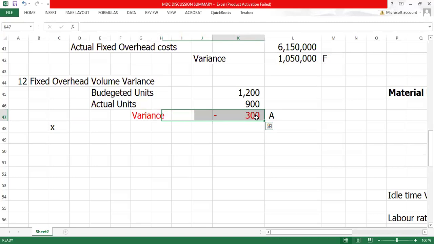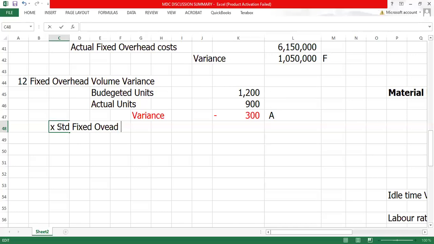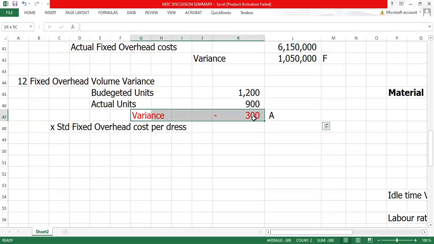So you multiply by the standard fixed overhead cost per what? Per dress, because these are not hours, these are dresses.